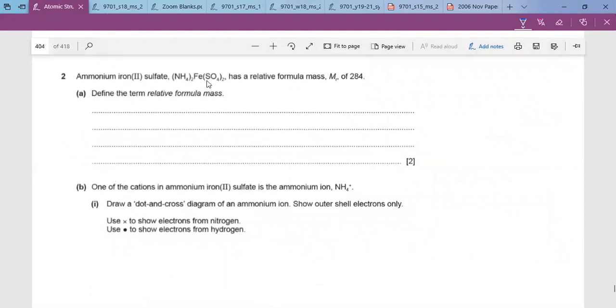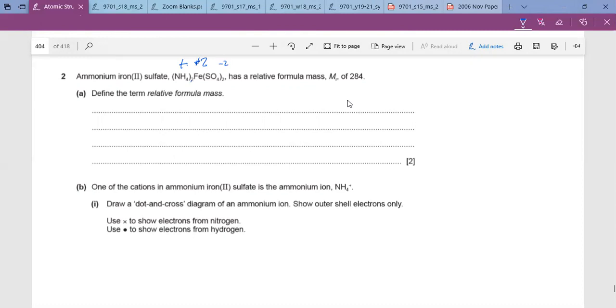This is a complex salt, a very big fella here. One ion is a positive 1, and this is a positive 2, because 2 plus 2 plus 4 gives minus 2 for the sulfate. So it's called a double salt, or complex salt.